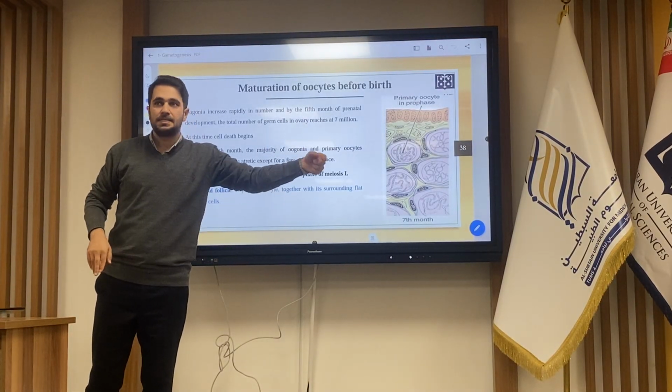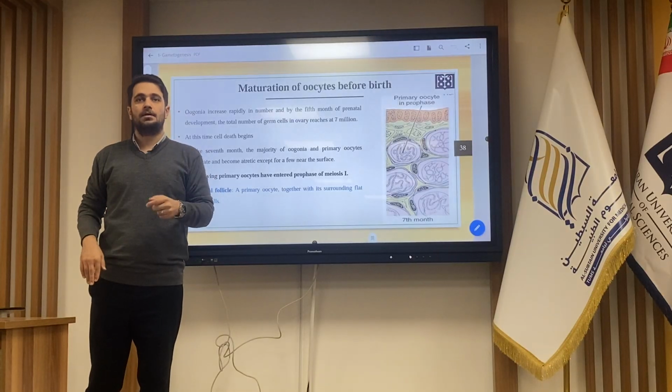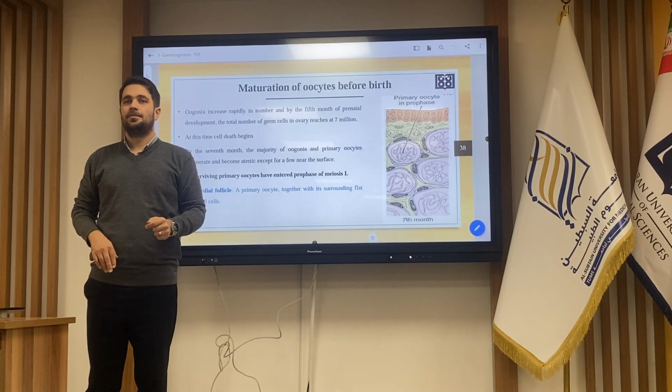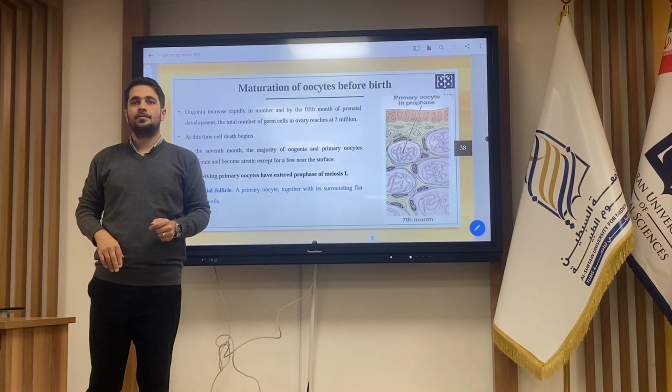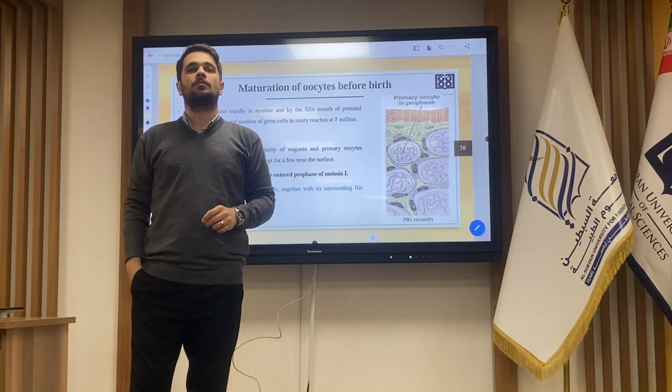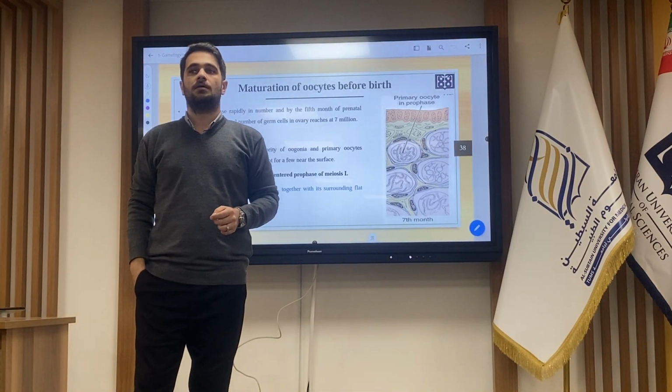When is the next step happening? Puberty. When luteinizing hormone is released, it triggers pre-ovulation, which makes it finish meiosis 1, and then meiosis 2 isn't completed until fertilization is done.